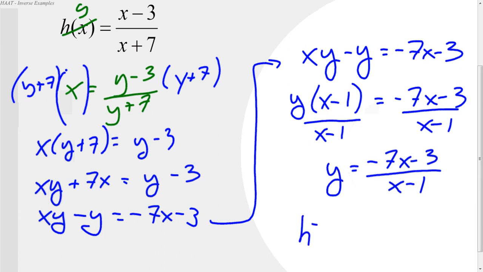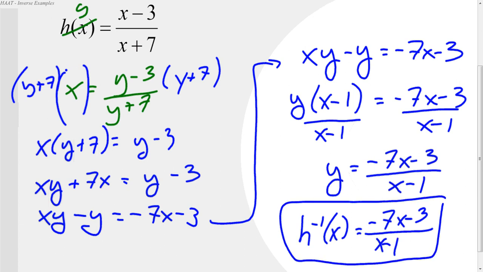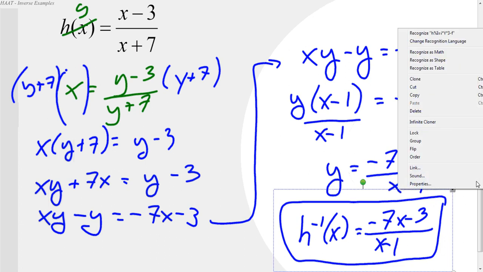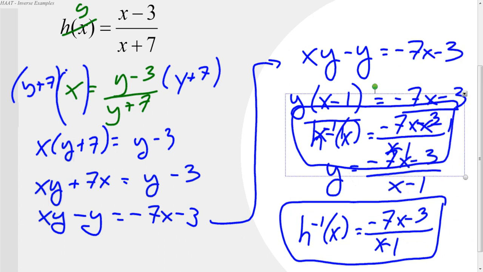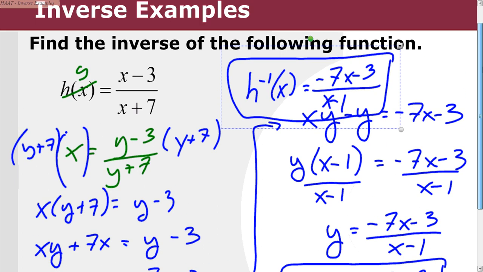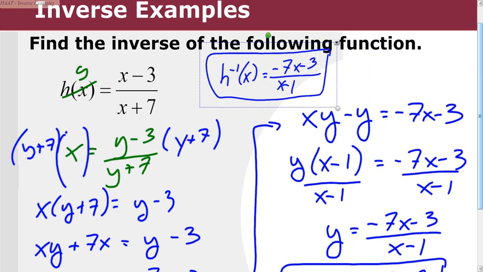So we're going to write it in inverse notation. So we get that. In fact, let's even just clone it and we'll move it up by the original. Now notice it does have some similarities to what's going on up here.